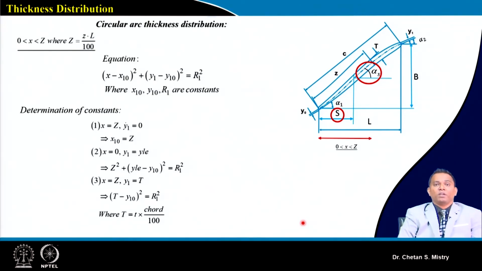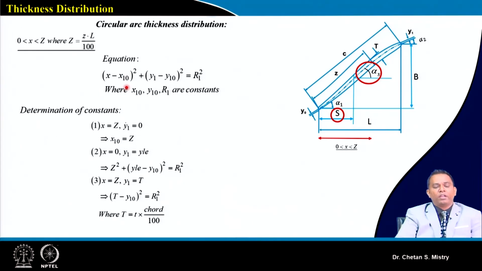Now some of the literature says you can go with a circular thickness distribution also. So we will be going with a circular arc thickness, which is given by x minus x, and this is y. In order to avoid confusion, there is nothing at x suffix 10, it is just for segregating from other constants.